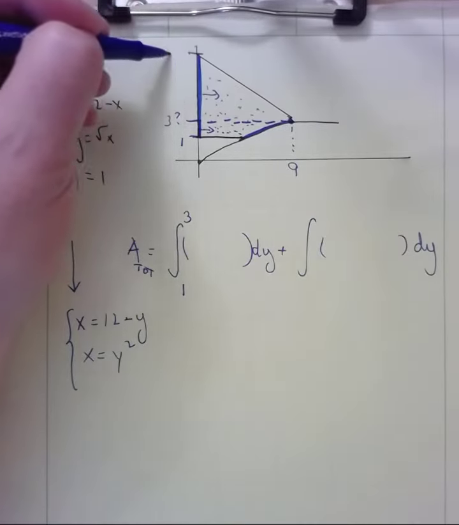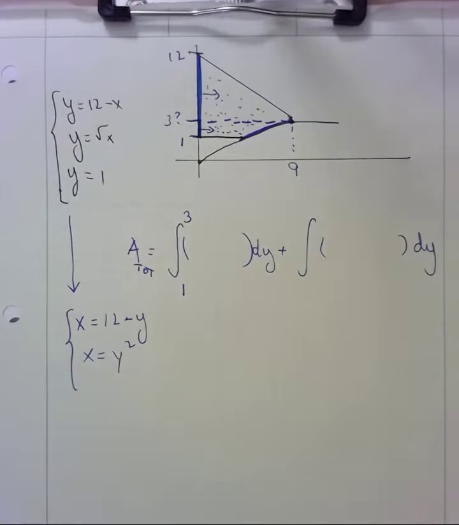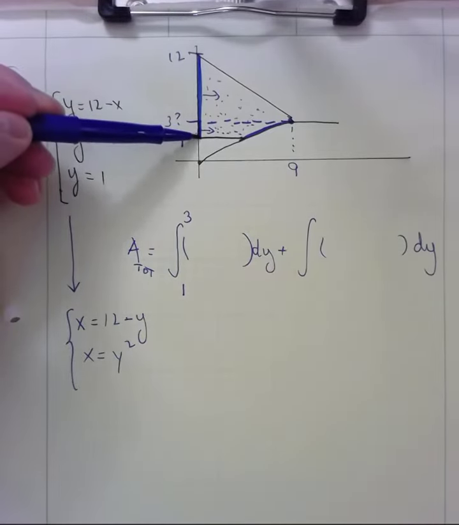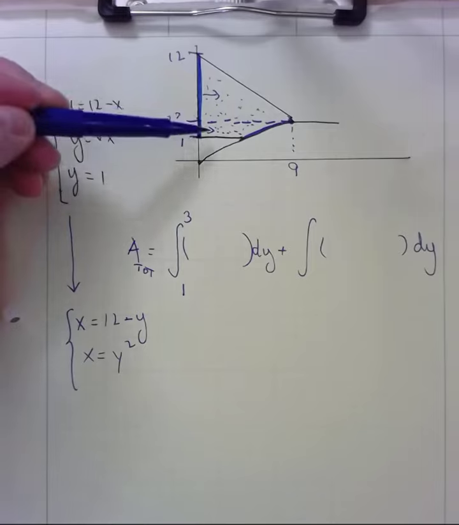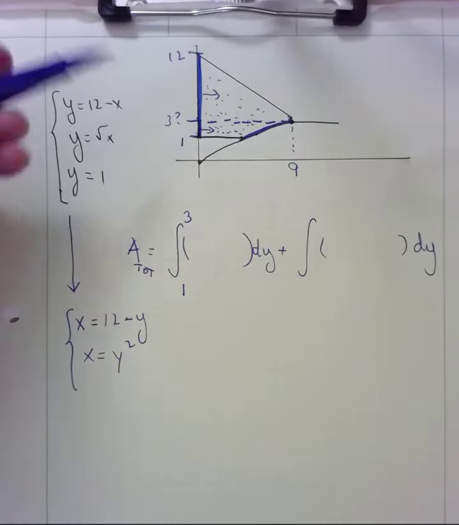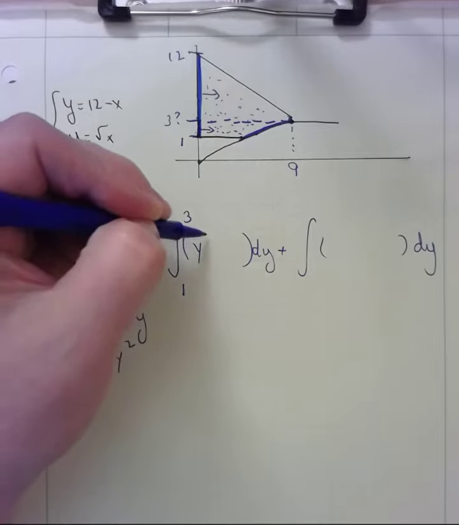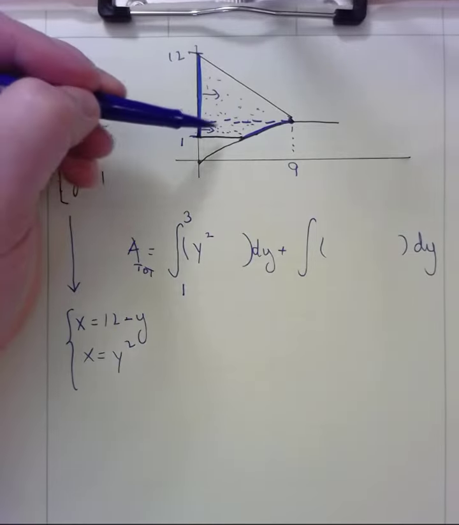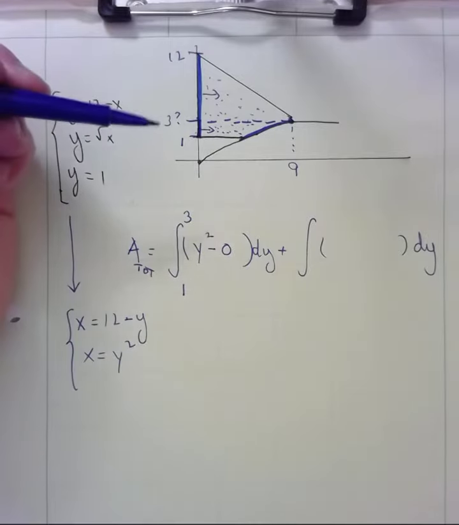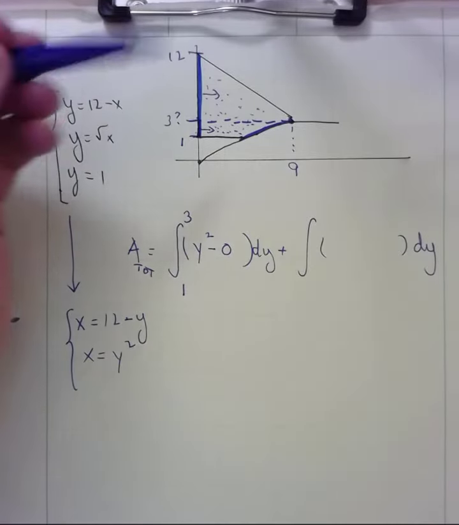Up here is 12. So we're going to integrate from y equals 1 to y equals 3, and then we're going to look out and find the function that's above, which is now x equals y squared minus, well, I guess we could put in minus 0 if we wanted to, but we don't necessarily need to.